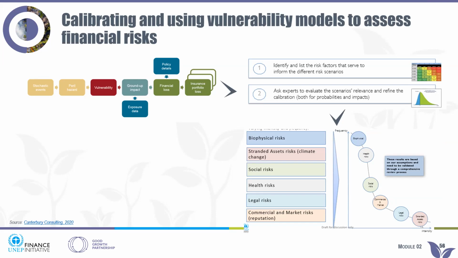So for instance, is the client susceptible to reputational or market risk? Are the conditions prone to a change in the regulatory environment that would increase the risk of leaving productive areas stranded? Is the client showing evidence of biophysical impacts in its productive outputs? Those are the kind of questions that will have to be answered in developing a vulnerability model.